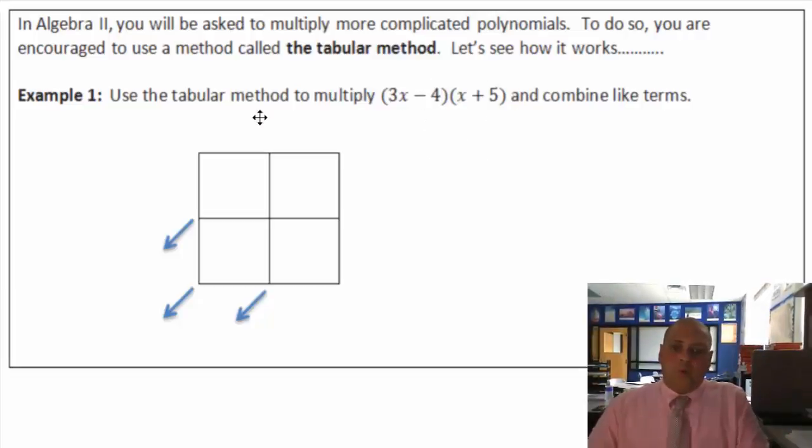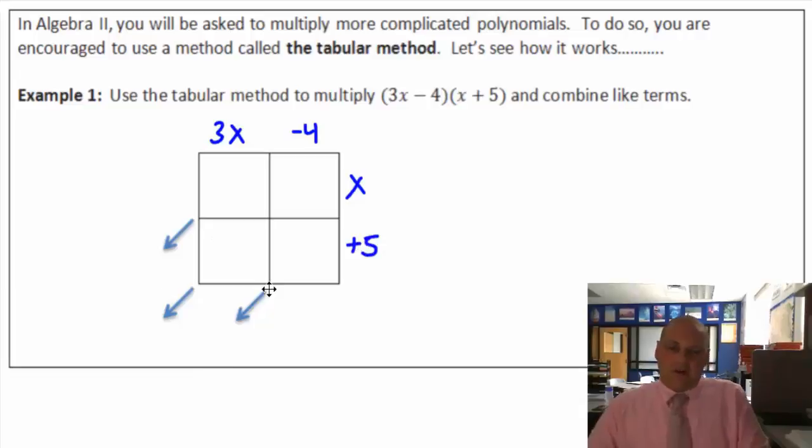But instead of using the top and the left side, you're going to use the top and the right side to put the two given polynomials, in this case binomials. So it's going to be 3x minus 4 on top, and then x plus 5 along the right side.